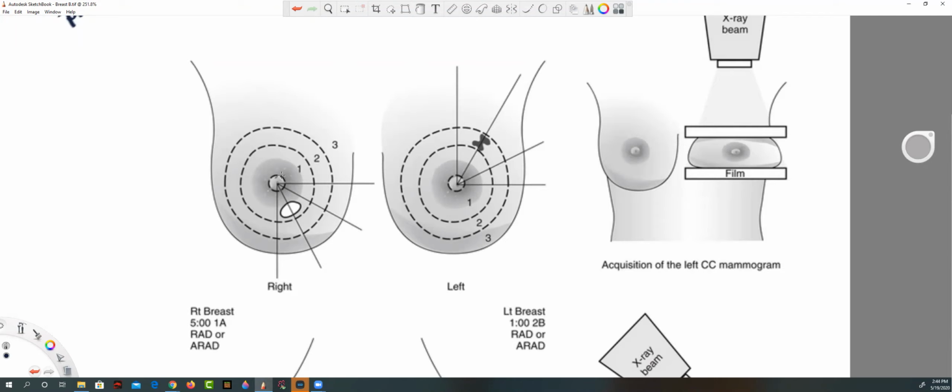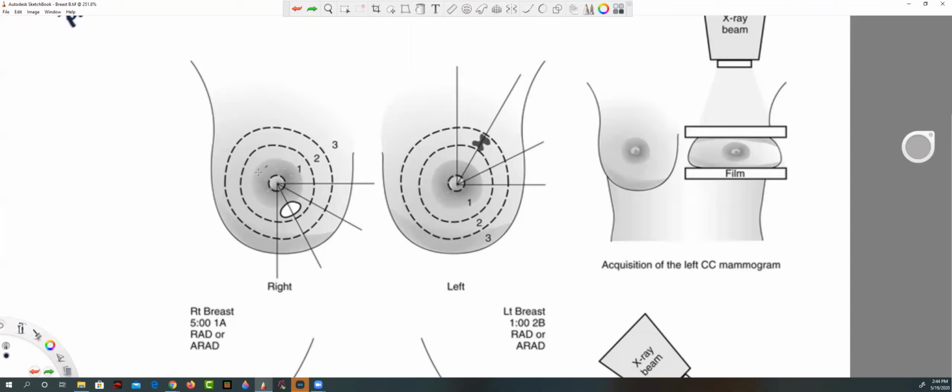So, and this is just like a target. They have this separated out as nipple, which is probably correct. It is correct, actually, to have a nipple and then 1, 2, and 3, but we just call it 1, 2, 3. 1 is the closest couple centimeters, 3 centimeters, 4 centimeters, once again, depending on the size of the breast.